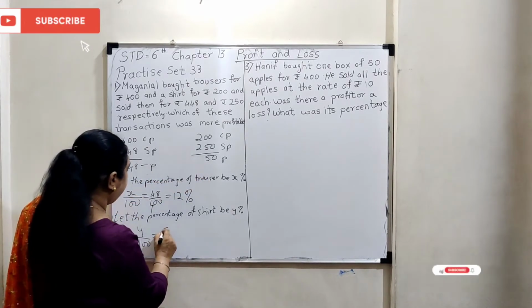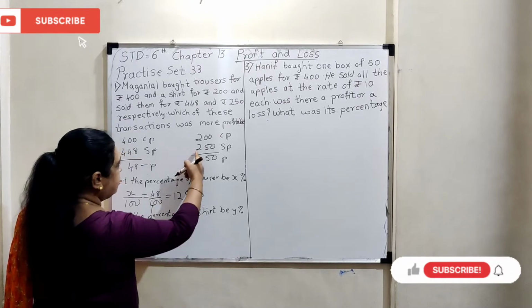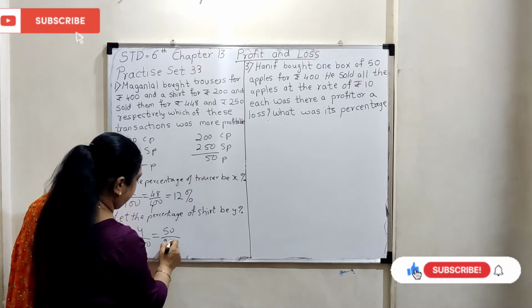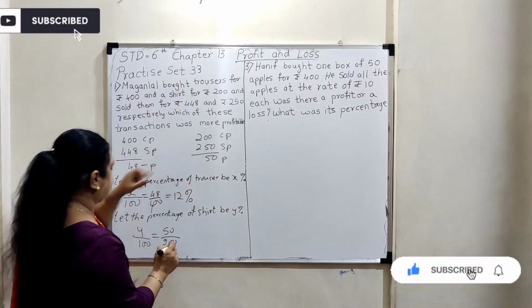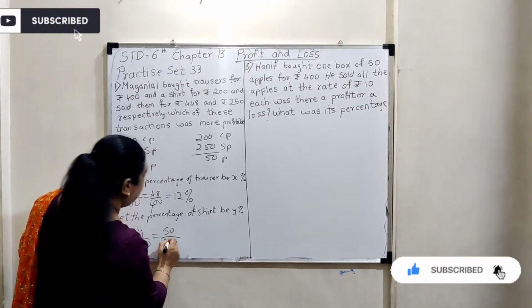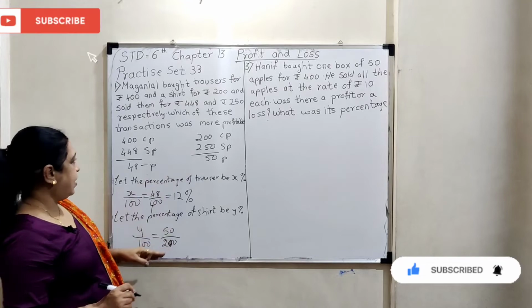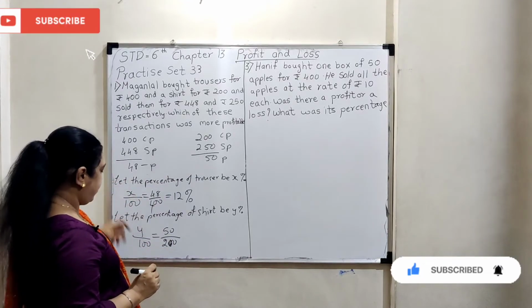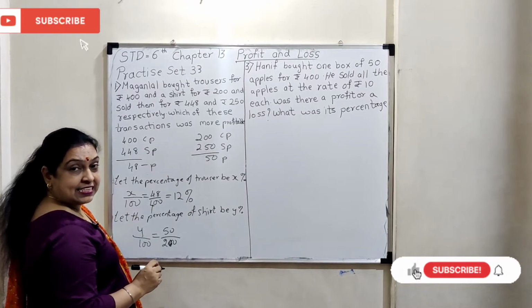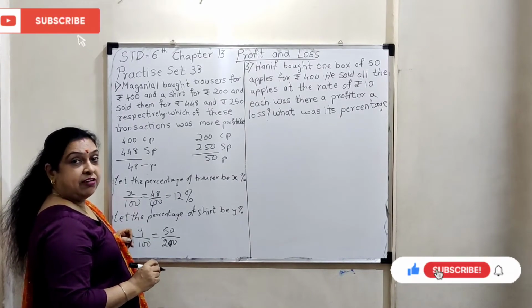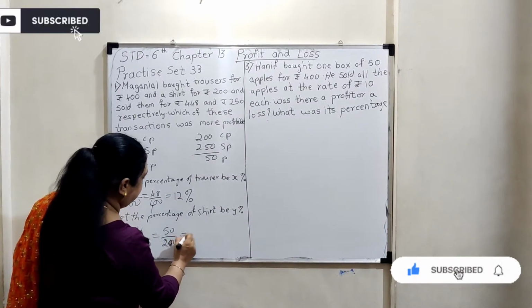So you will write 50 upon the cost price. It's 200. Cost price is 200 and here cost price was 400. So when we cross multiply, we'll get the answer 25%.